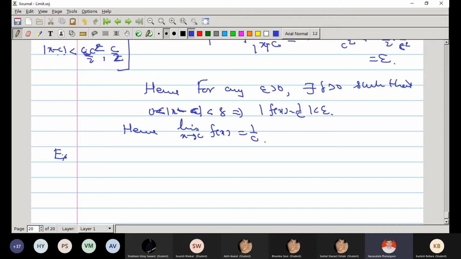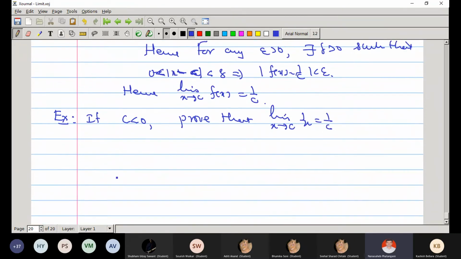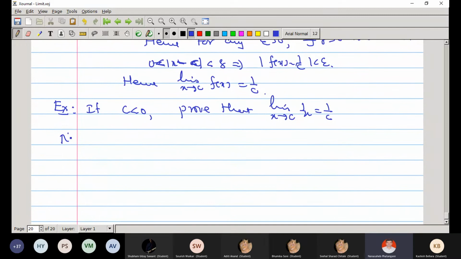Now the exercise is, if c is negative, prove that limit x tends to c, 1 by x is 1 by c. Even if c is negative, that also is true. So you should prove it. Now, we proved it for general c, whatever c doesn't matter.